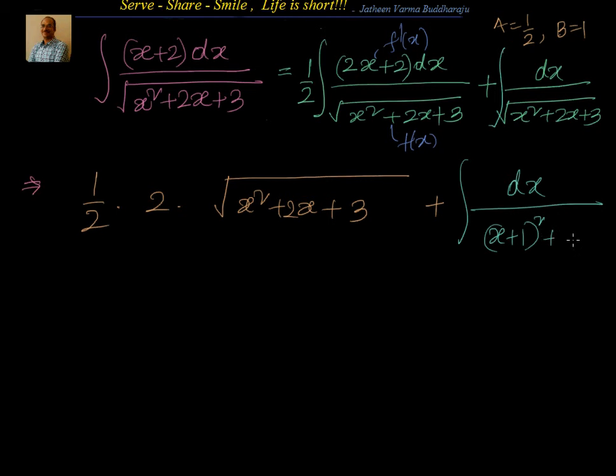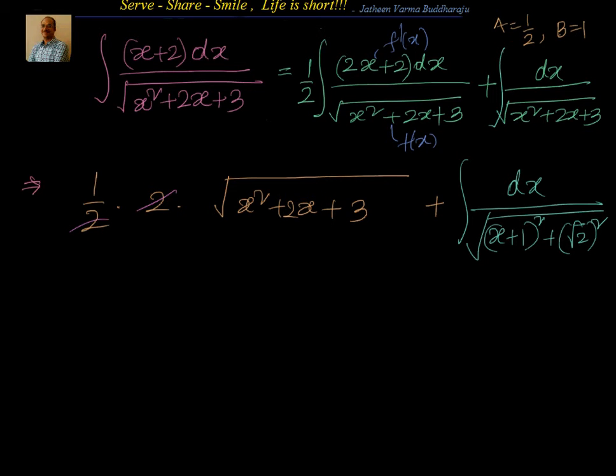I can write it as x plus 1 whole square plus root 2 whole square, because x square plus 2x plus 1, 2 is left out, can be written as root 2 whole square. So this is of the form dx by root of x square plus a square. We know the formula is log of x plus root of x square plus a square.